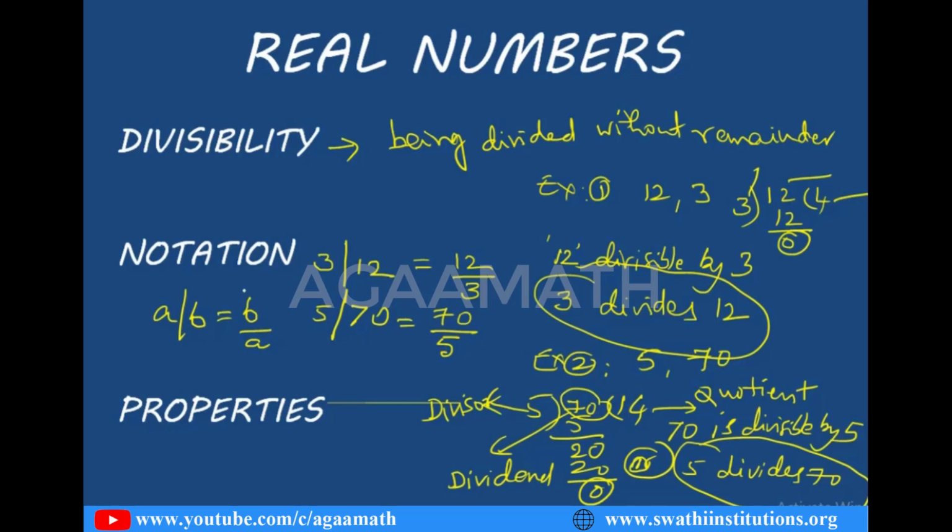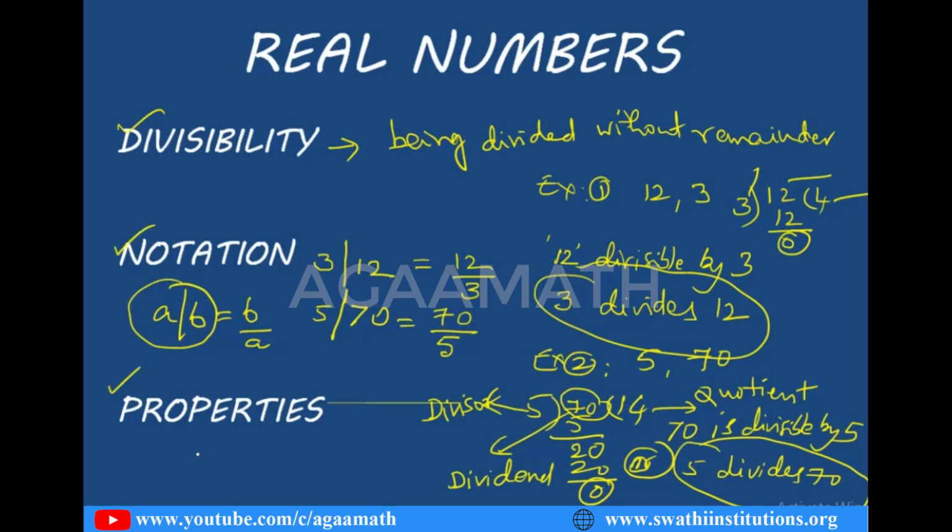So A divides B means B is completely divisible by A. Completely means without remainder.